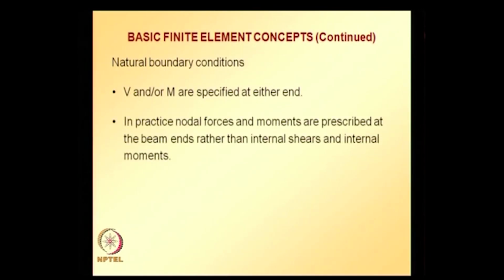In practice, please note that in the equations so far derived, V is internal shear and M is internal moment, but in practice nodal forces and moments are prescribed at beam ends rather than internal shears and internal moments.